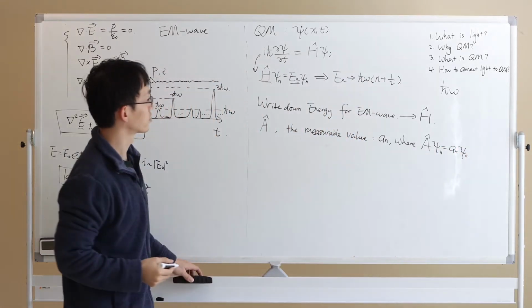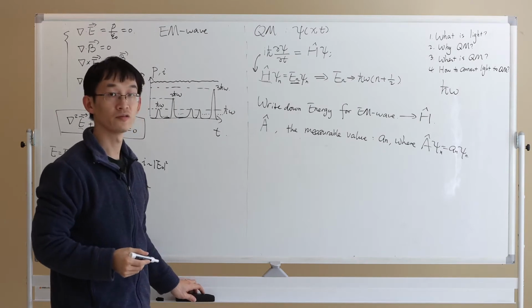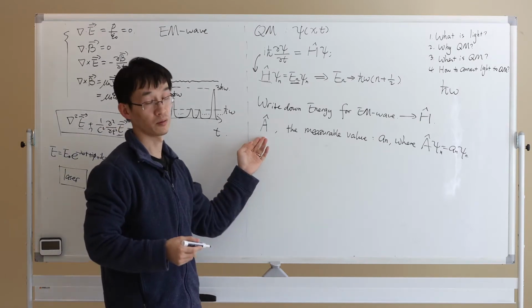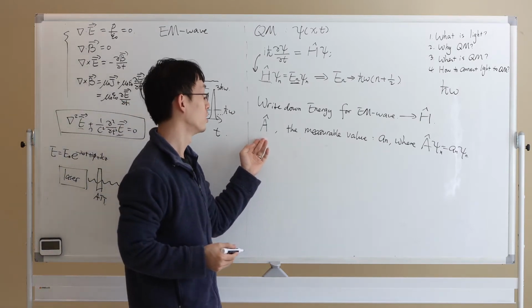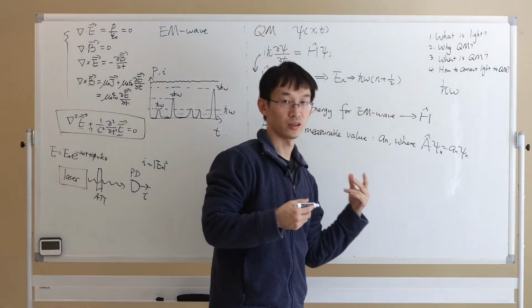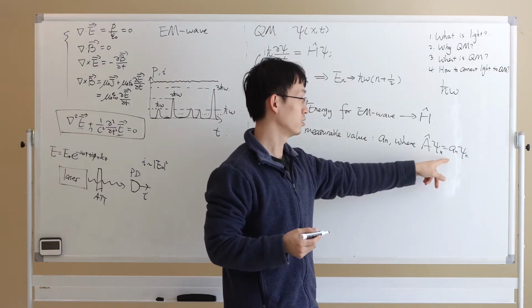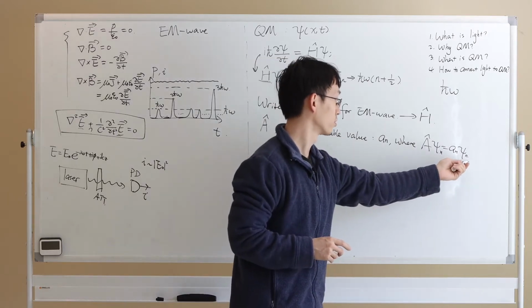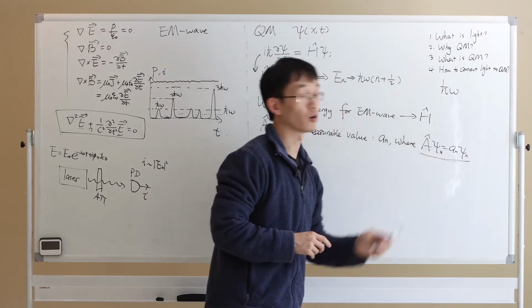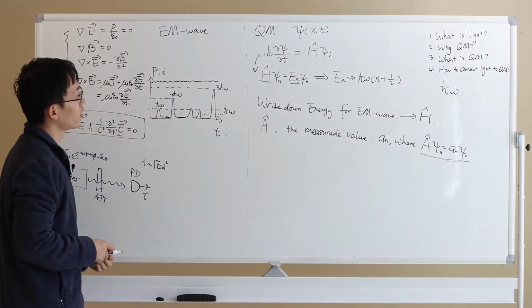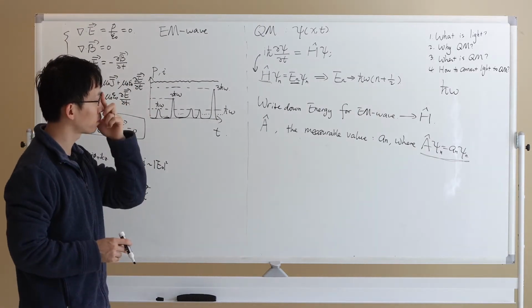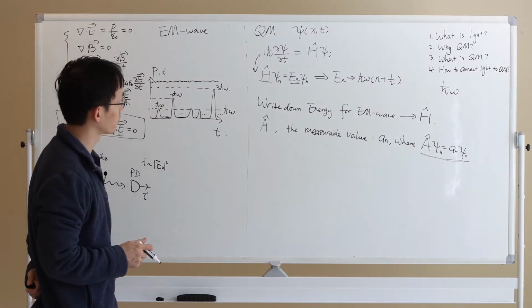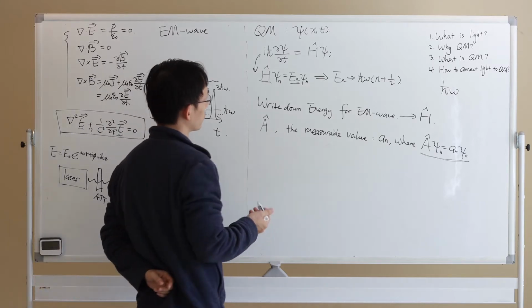So again, it's the same thing. For any physical attribute, it can be position or momentum, the measurable value in an experiment is always the eigenvalue of your operator itself.